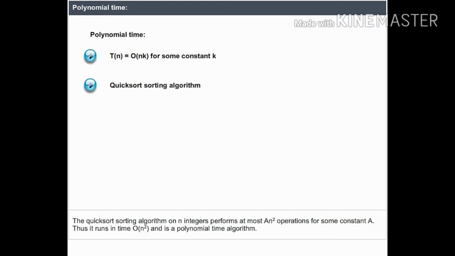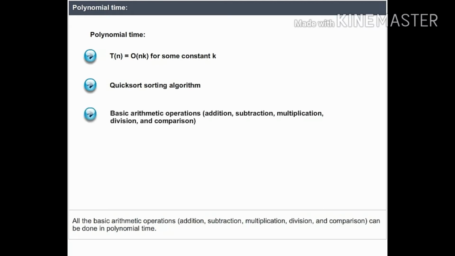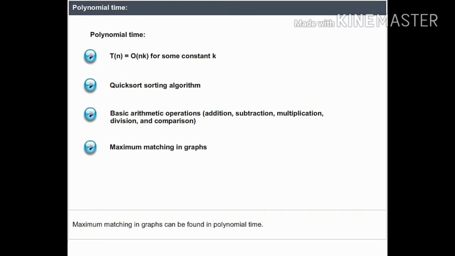Thus, it runs in time O(n squared) and is a polynomial time algorithm. All the basic arithmetic operations, addition, subtraction, multiplication, division, and comparison, can be done in polynomial time. Maximum matching in graphs can be found in polynomial time.